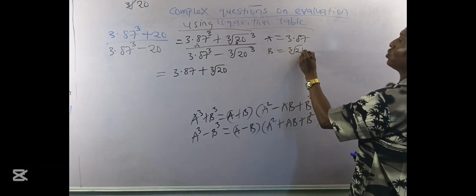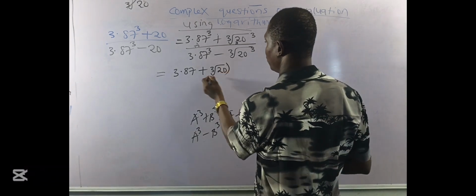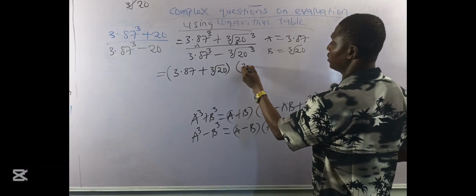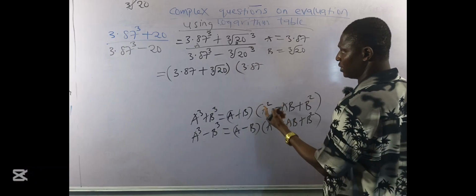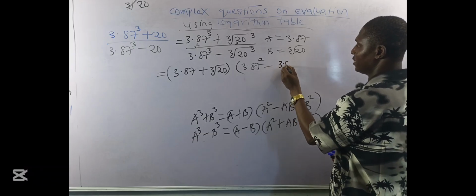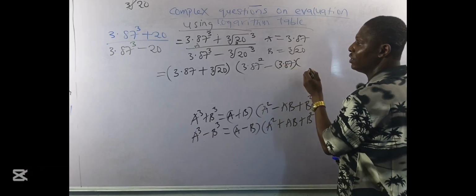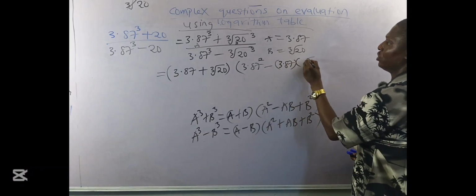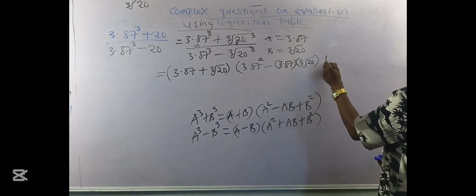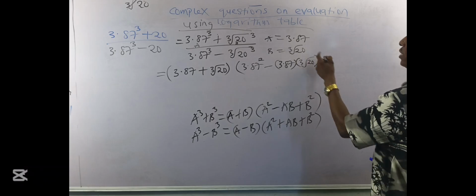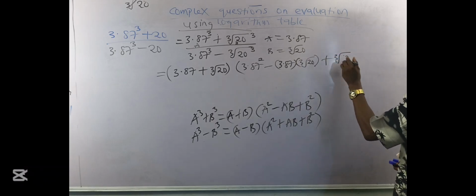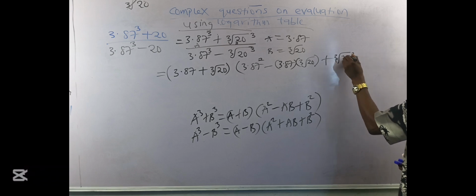The third root of what? 20. So we've gotten the first, and we'll do our second bracket, a, which is 3.87 squared, minus ab. A is 3.87, ab means a times b. So b is what? The third root of what? 20, close brackets, plus what? b square, which is third root of what? 20 square.